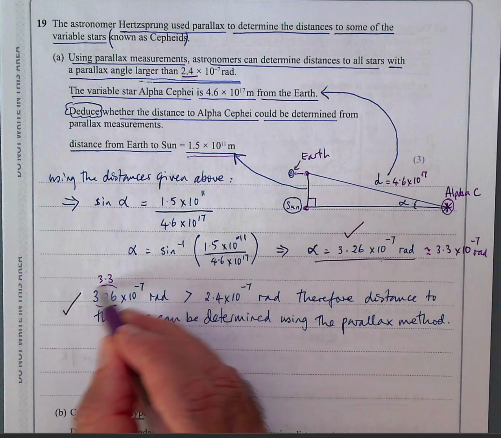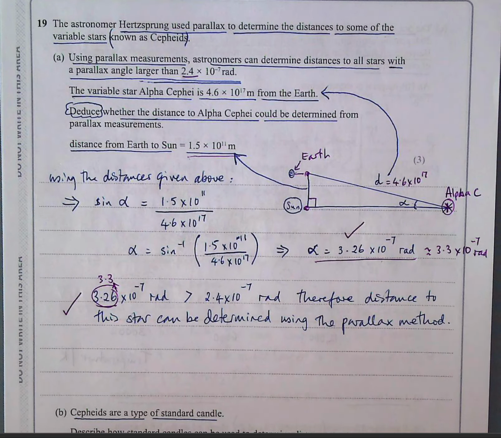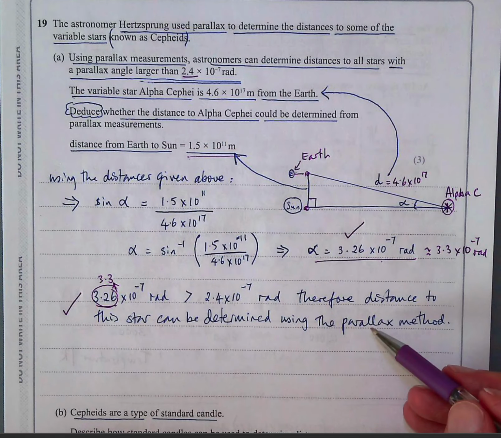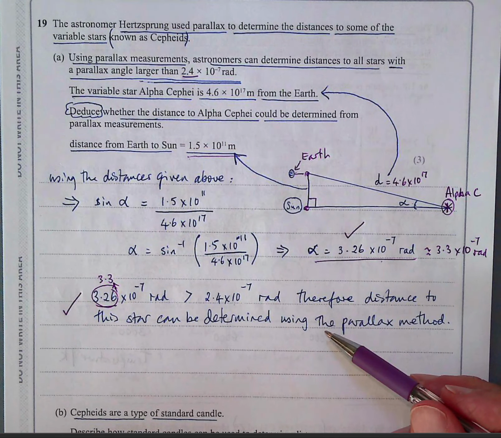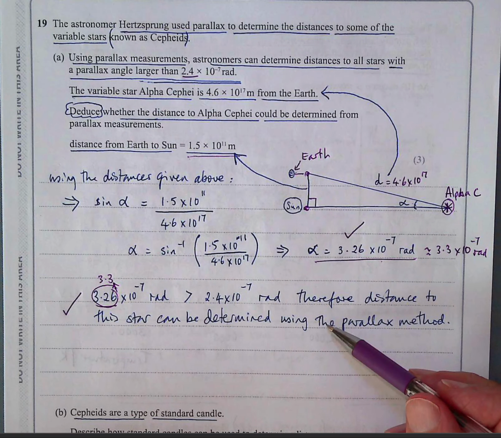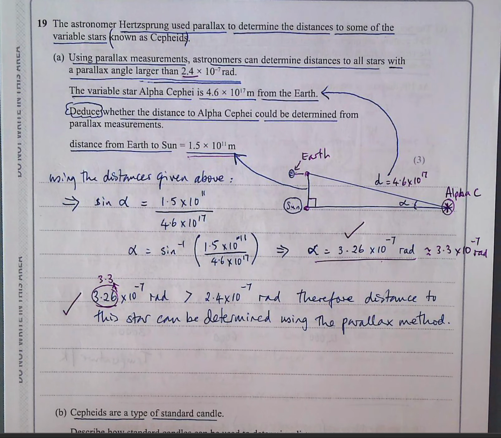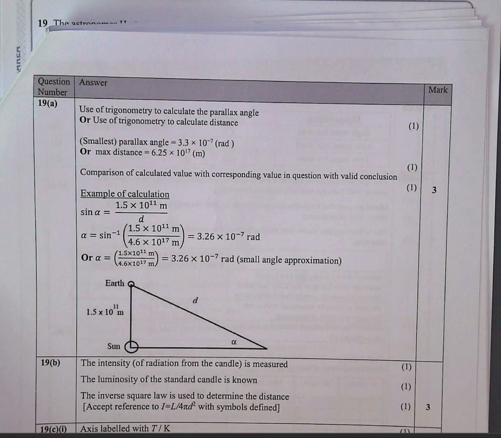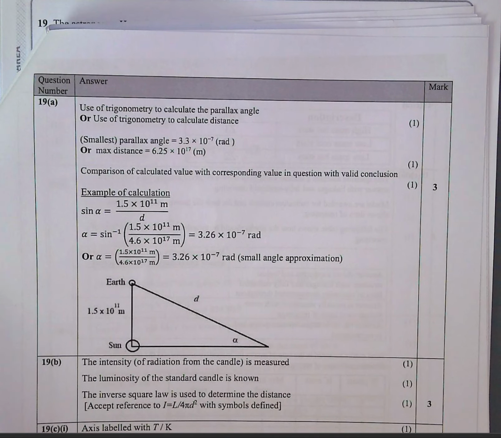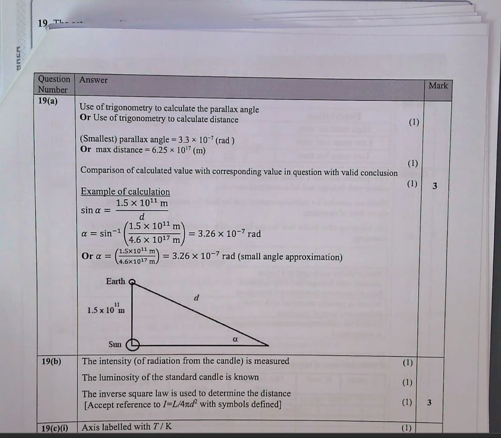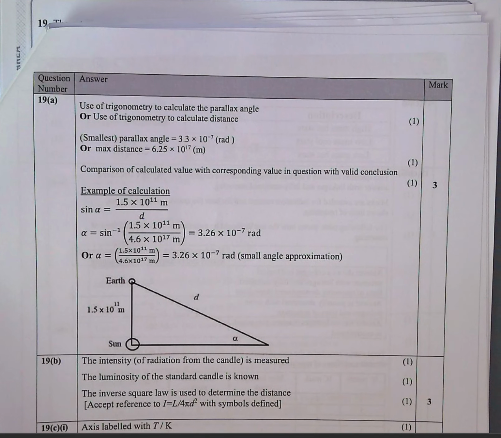You then have to compare the calculated value with the 2.4 times 10 to the minus 7.